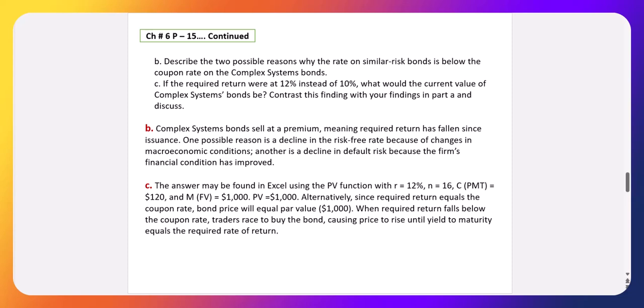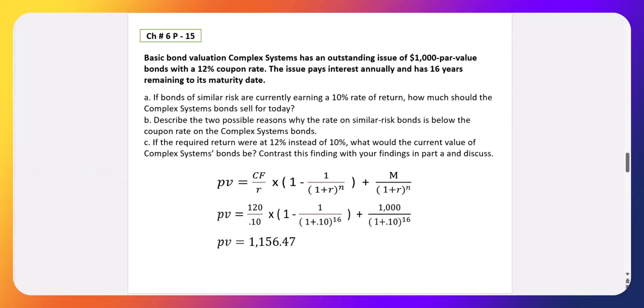You can also use the formula represented previously. In this case, instead of setting the rate of return on the market to 10%, we would put it at 12%. And if we put it at 12%, we will end up at a present value of $1,000 because the market rate of the bond equals the coupon rate of the bond.